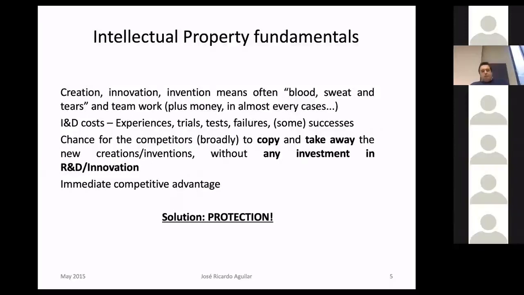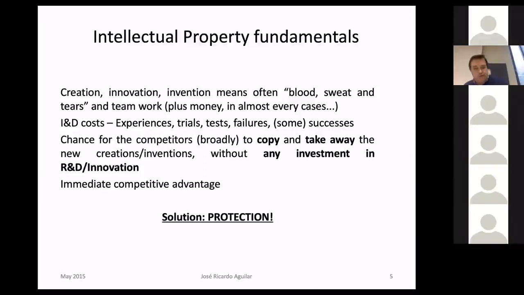Of course, when we think about creation, innovation, about inventing something, we think about blood, sweat, and tears, as we say here. So people normally will need to use a great amount of time and sometimes other resources in order to create something new.